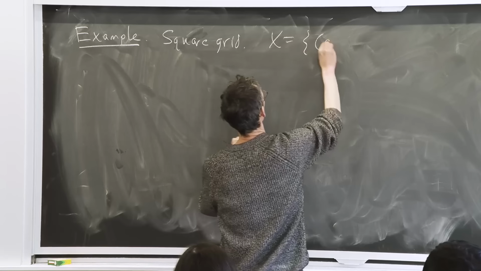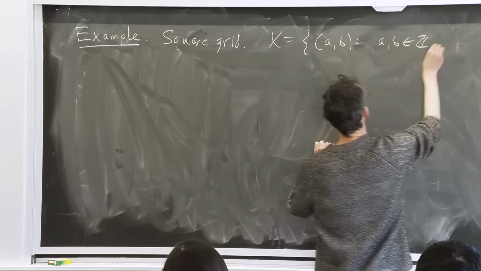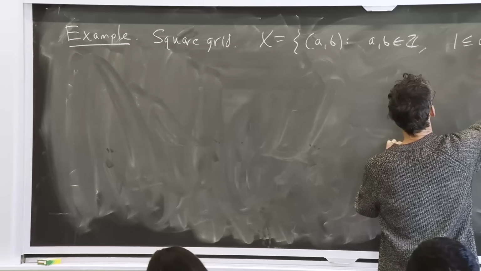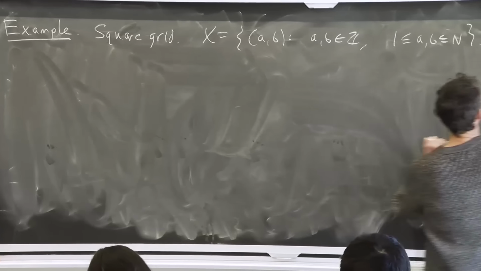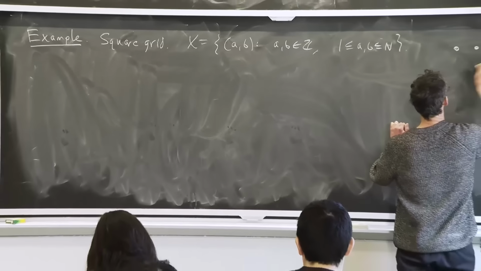X is going to be the set of pairs A, B, where A and B are integers, and they go from 1 up to n. OK, good. So this set has small projections in a bunch of different directions.